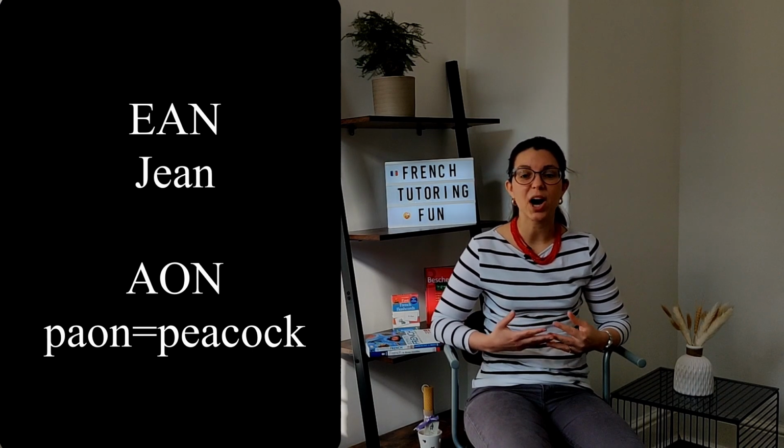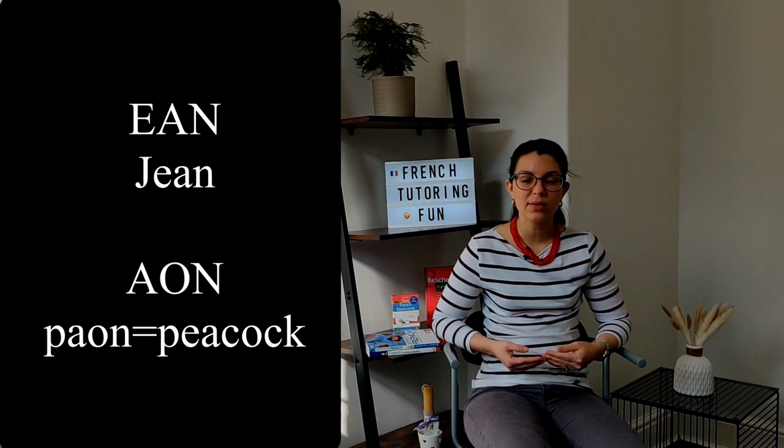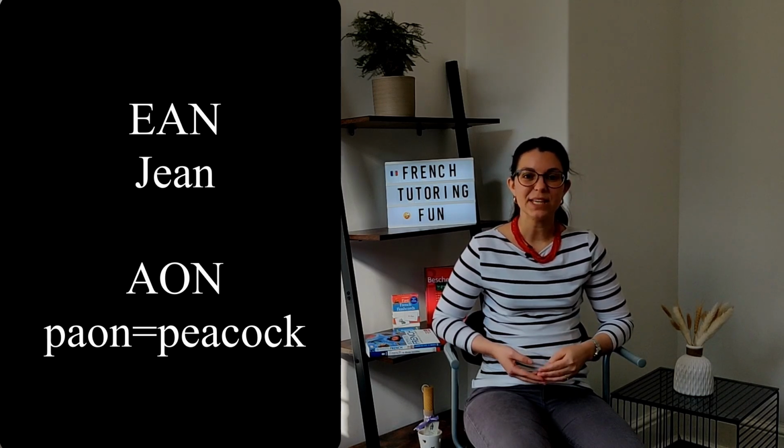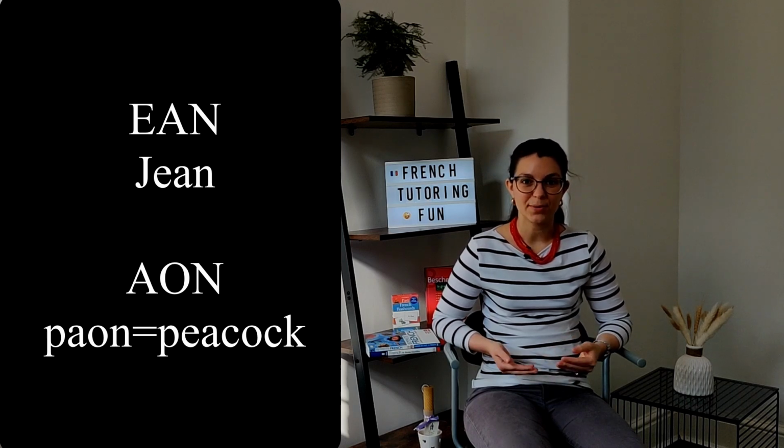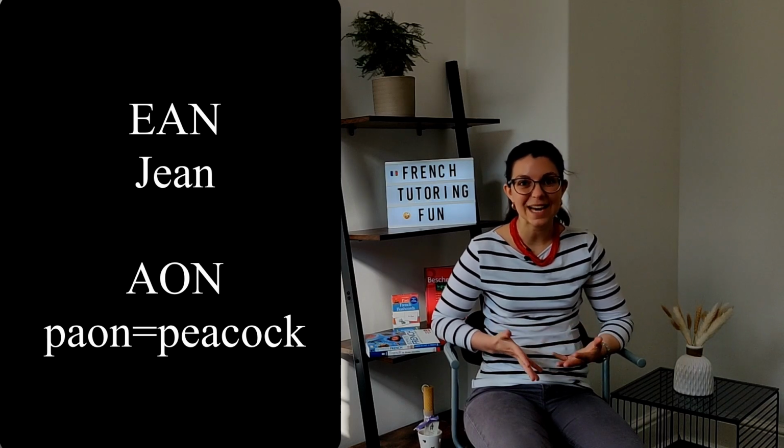Perfect. You can also have the sound en written EAN in the first name Jean, and also written AON in the word paon. But there are exceptions, so yeah, they are very rare.